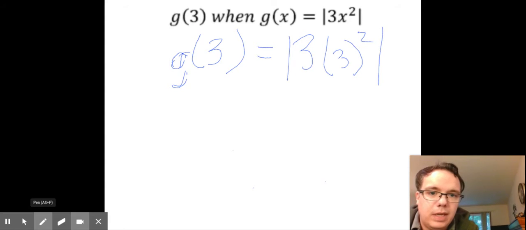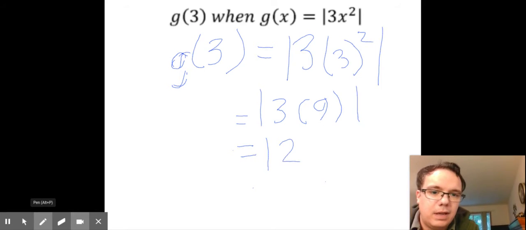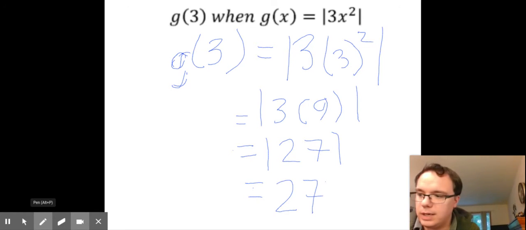So if I plug in 3, I will get the absolute value of 3 times 9. And so I'll get the absolute value of 27. How far is 27 from 0? Well, it is 27 units from 0. So our answer for g of 3 is 27.